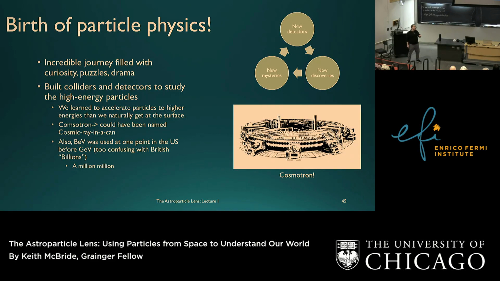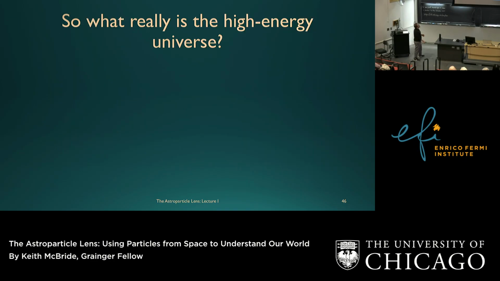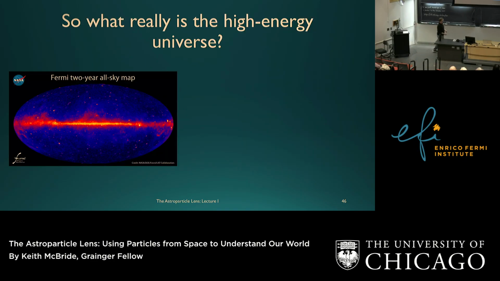But what was too confusing about it was that the British had their own term called the billion, which actually means a million million, which is a trillion, so it's not a billion, right? And so it was too confusing to refer to them as bevatrons because that's actually trillions of electron volts to our British friends. So then later the British decided, yeah, that was very confusing. We'll also use GeV, right? So I thought that was an interesting tidbit too from history.